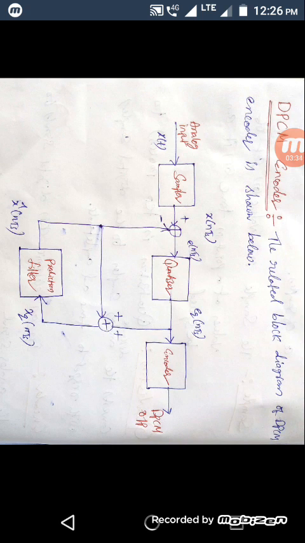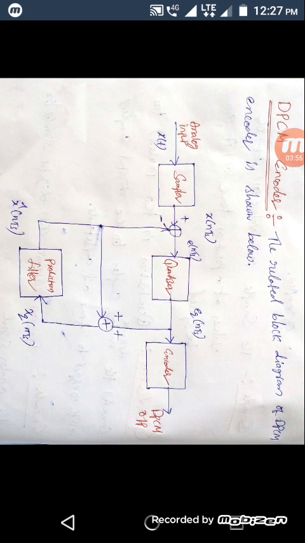quantizer. The quantizer is also a converter which will convert the discrete signals to digital signals. So the sampler is used to convert the analog signal to discrete signals.